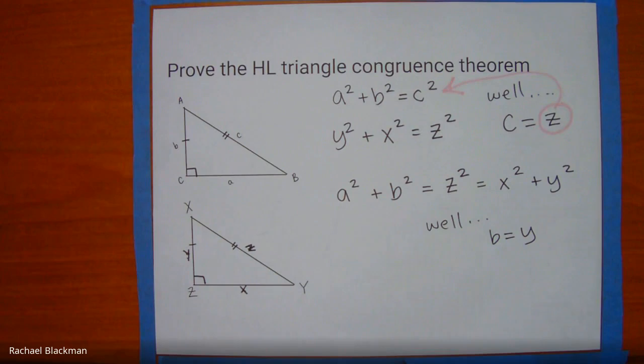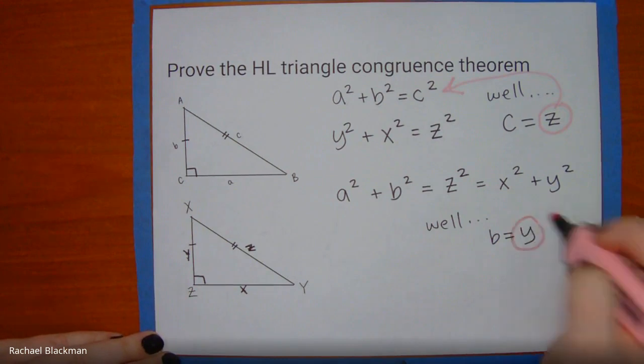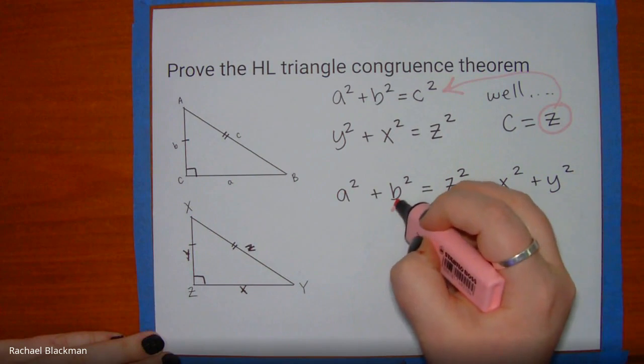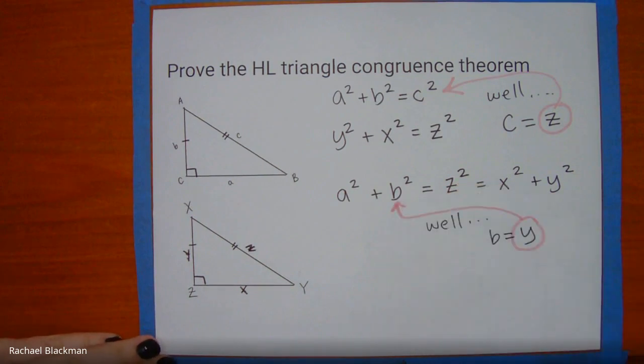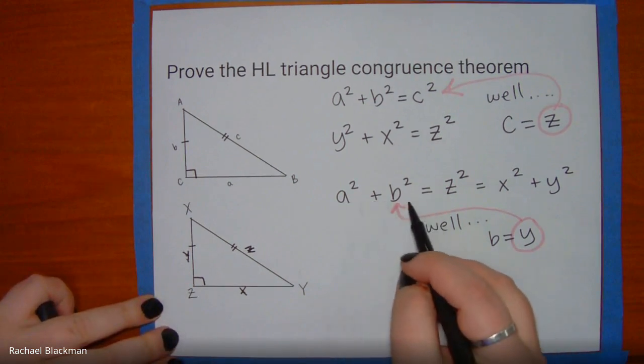And let's do another substitution here, right? So if B is equal to Y, let's take Y again and substitute it in right here where I see B. Why not? So that would be A squared plus Y squared.